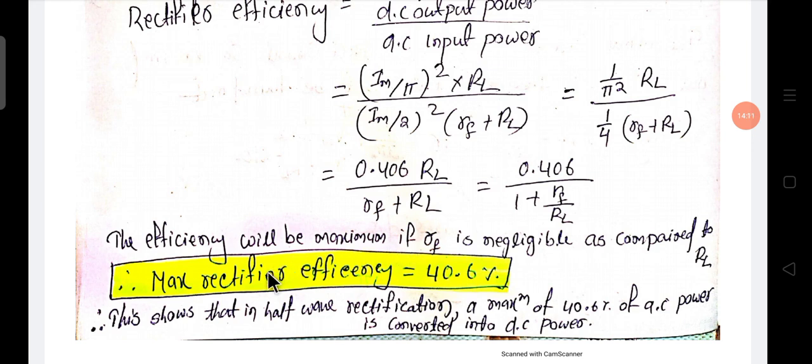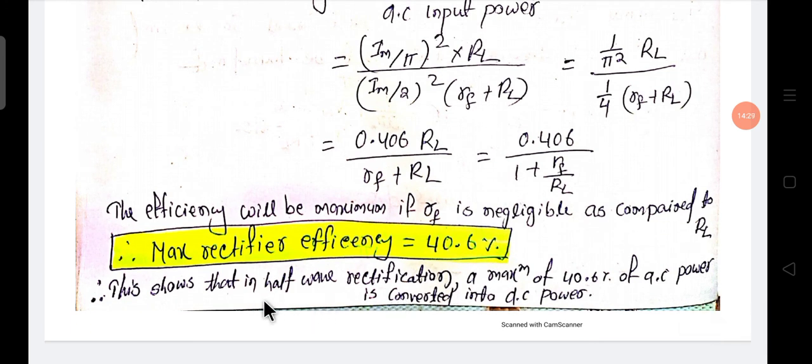And the maximum rectifier efficiency is 40.6%. Remember that the maximum rectifier efficiency of a half wave rectifier is 40.6%. Now this shows that in a half wave rectifier a maximum of 40.6% of the AC power is converted into DC power.